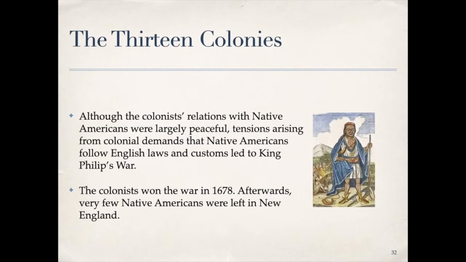Although colonists' relations with Native Americans were largely peaceful, tensions arising from colonial demands that Native Americans follow English laws and customs led to King Philip's War. The colonists won the war in 1678. Afterwards, very few Native Americans were left in New England.